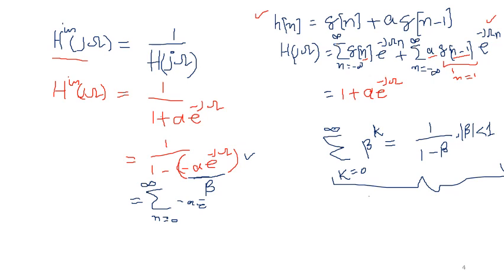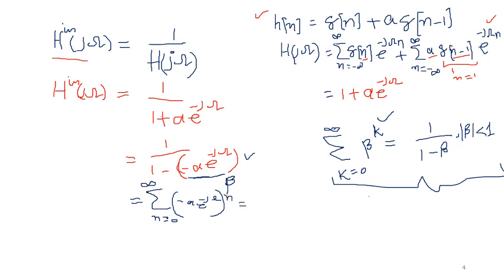So let me write some small. Okay, this is your beta. So the summation running from 0, and then we have minus a e power minus j omega, and we can take it like beta power k. So here the variable of summation is n, right?